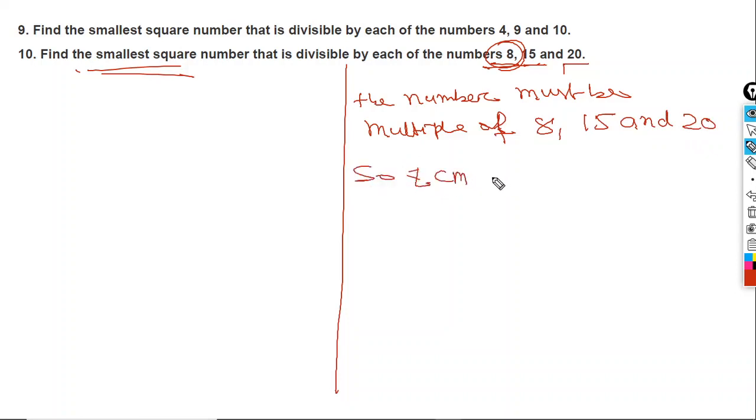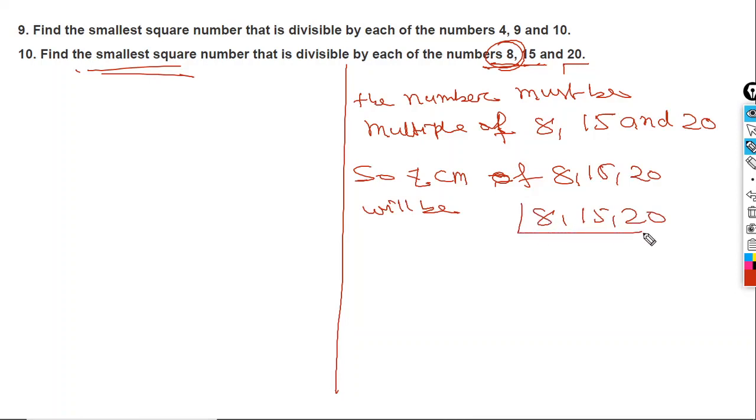So the LCM of 8, 15, 20 will be, you find it here. You put 2, 2 for the 8, then here it will be 15, then 2, 10 the 20. Again you put 2, 2 2 the 4, then 15, then 2 5 the 10. Again you can put 5.